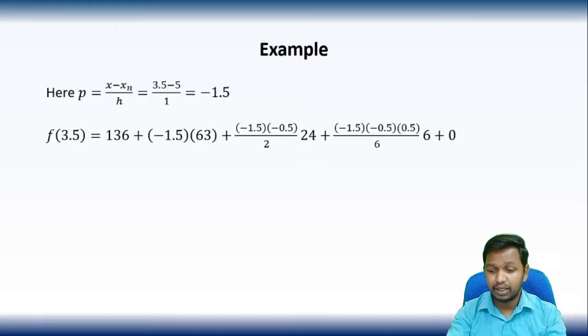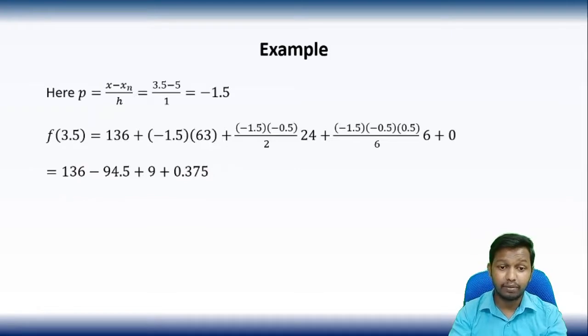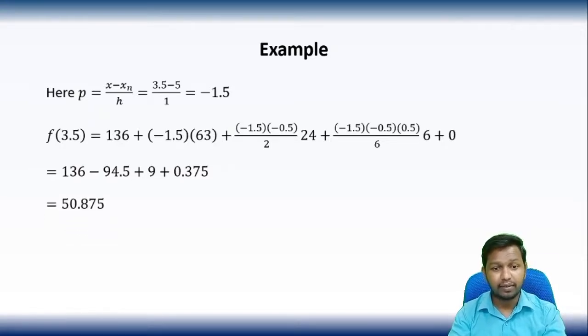Therefore the last term becomes 0, which gives us 136 minus 94.5 plus 9 plus 0.375. Hence the final answer is 50.875, which is the value of f of 3.5.